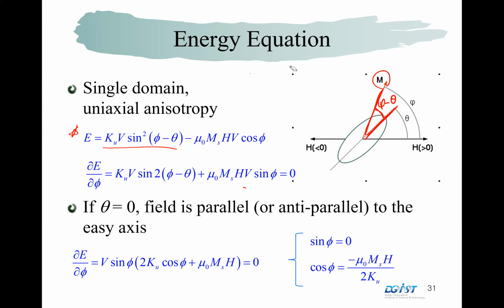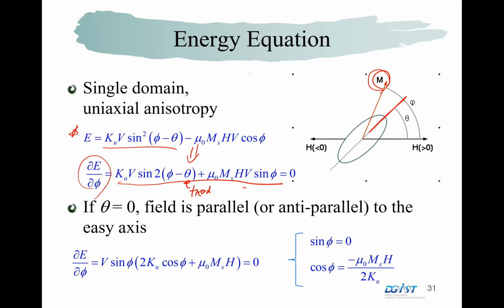And okay, now we have a system energy. What we need is finding the energy minimum. So let's take the derivative as a function of phi, which is the direction of the magnetization. If you take the derivative, we get this result. And theta is fixed, because theta is related to the direction of the field from the easy axis of the magnetization of your sample. So in a given problem, theta is a fixed one, and the only variable is phi.